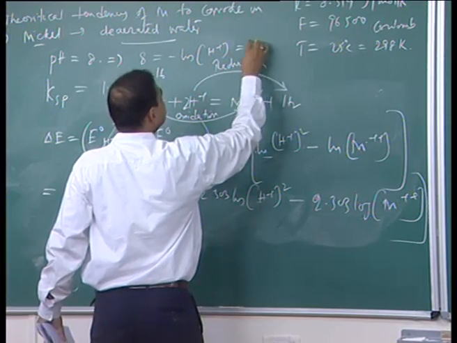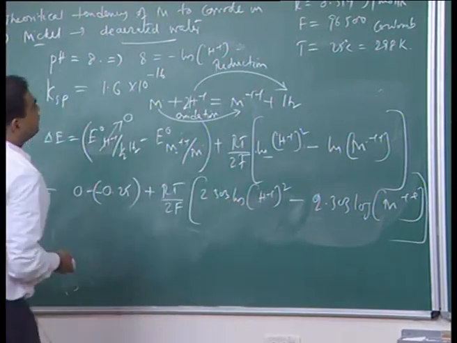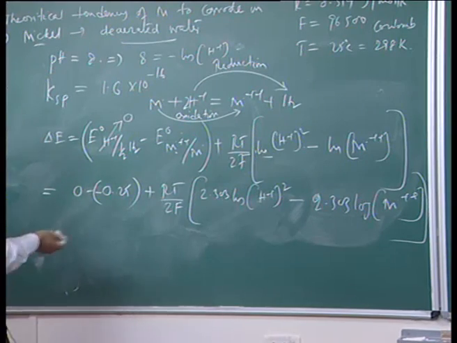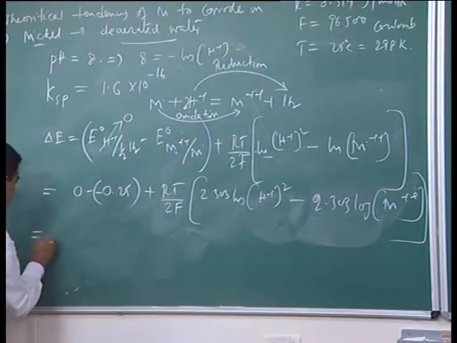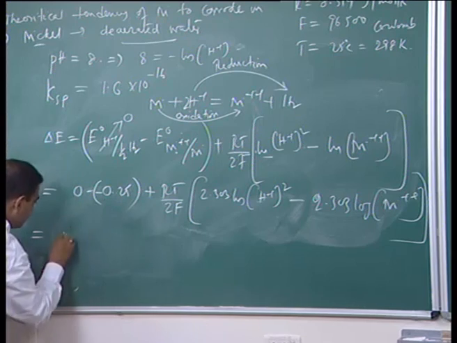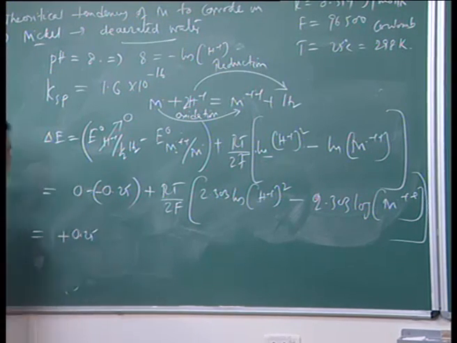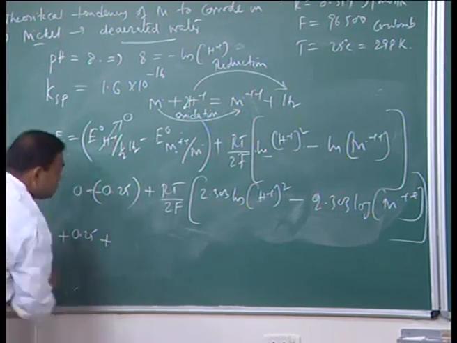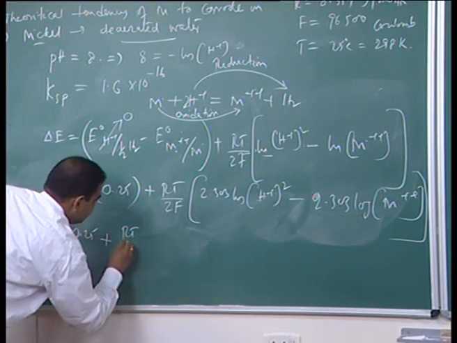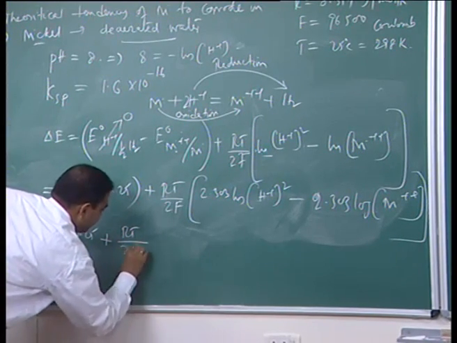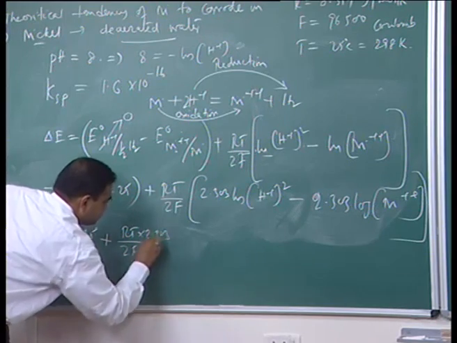So you don't even have to find the hydrogen ion concentration, because this term becomes plus 0.25 volt plus RT by 2F into 2.303.